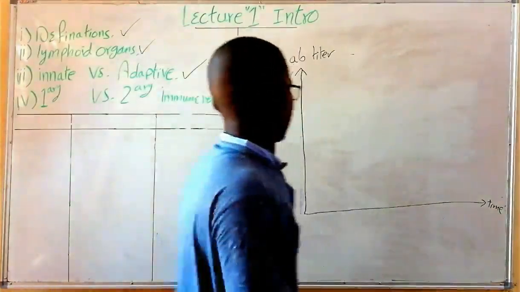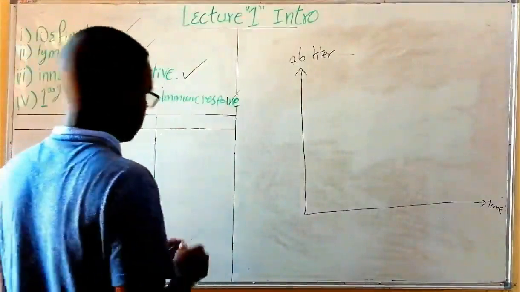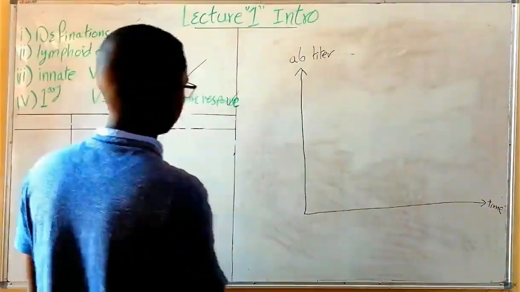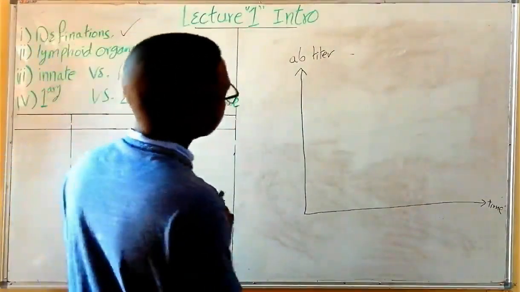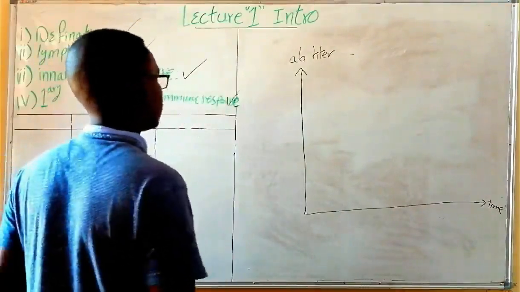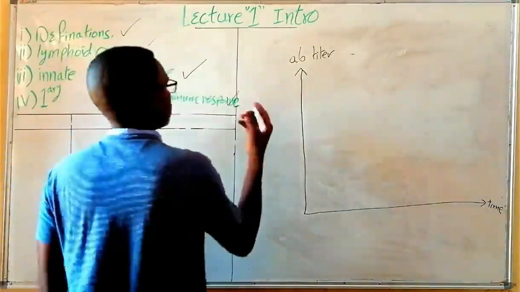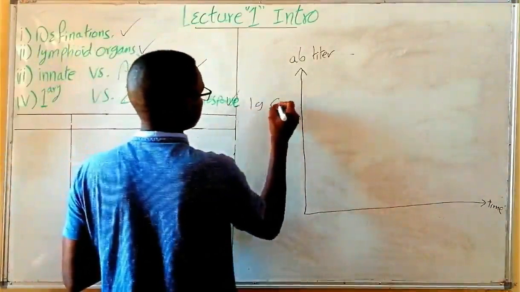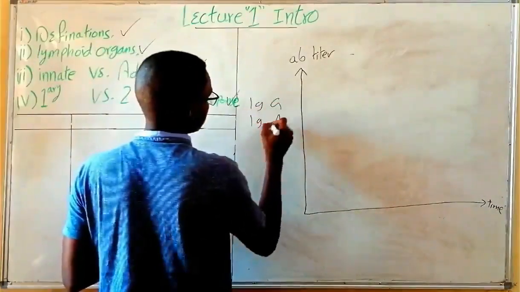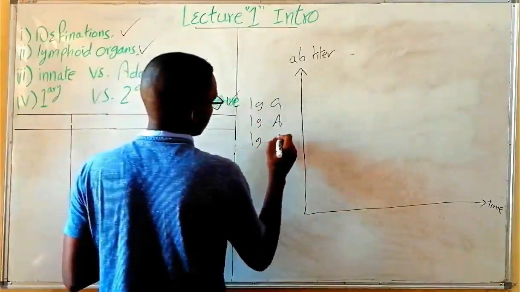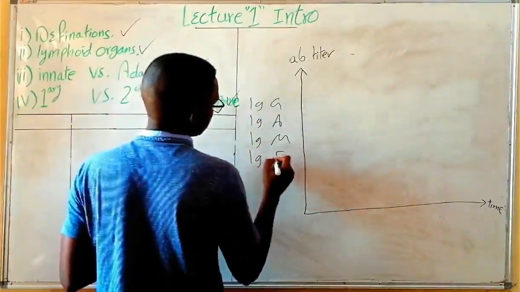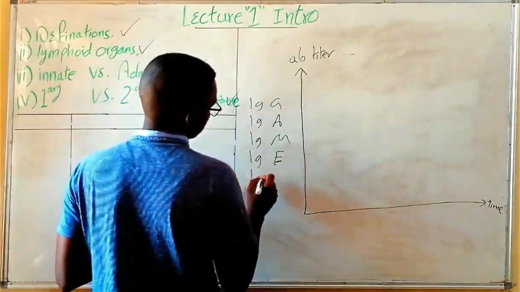Okay, so basically we have about 5 antibodies: IgG, IgA, IgM, IgE, IgD.